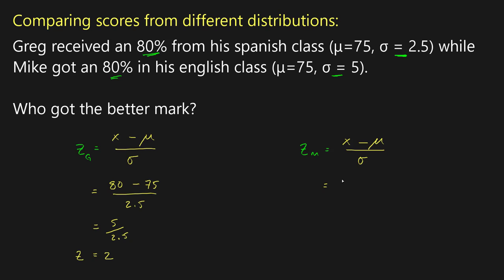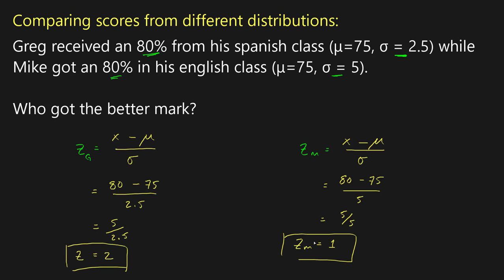Mike, on the other hand, also has an 80 and is also in a class with a mean of 75, but Mike's class has a standard deviation of 5. So this will leave me with 5 divided by 5, or a z-score for Mike of 1. So they have two different z-scores. What does this mean?